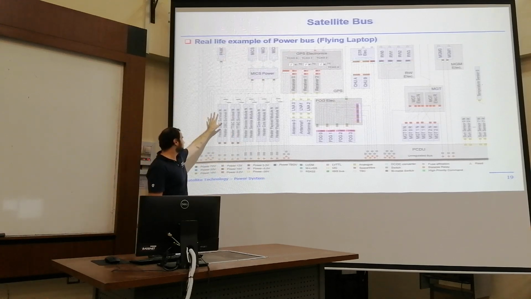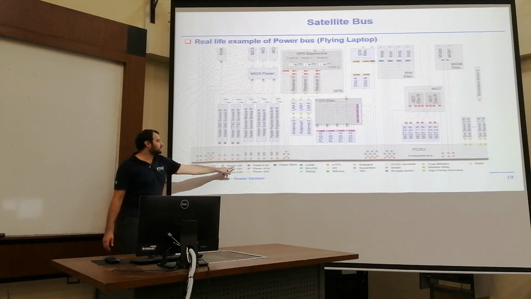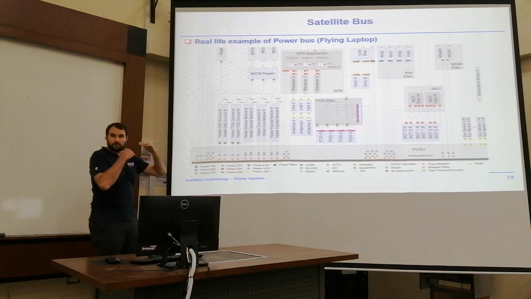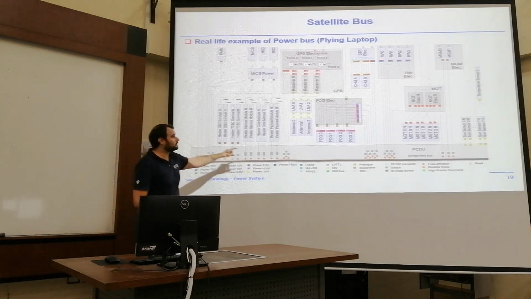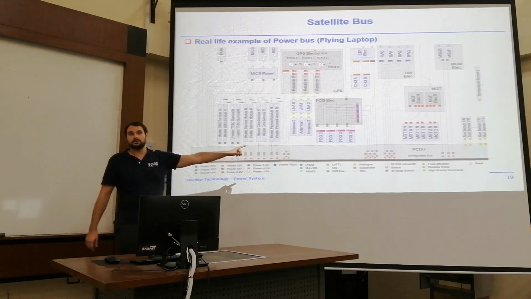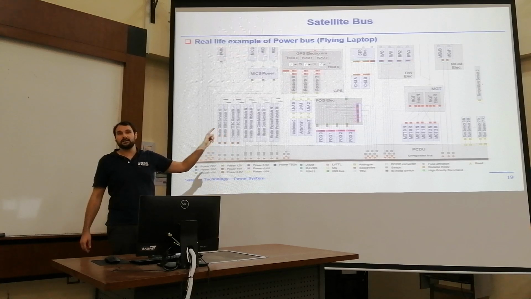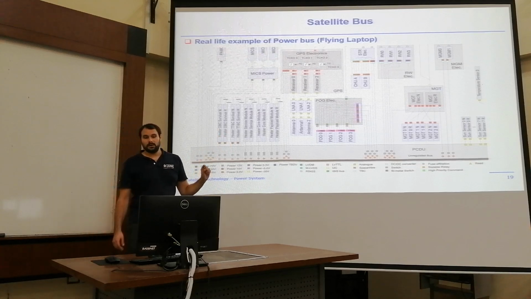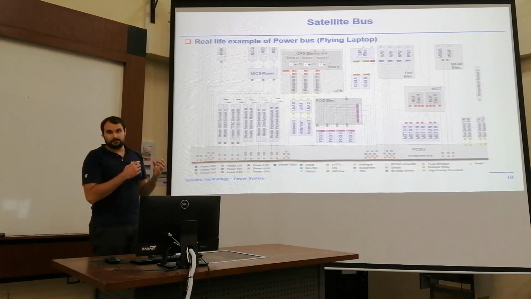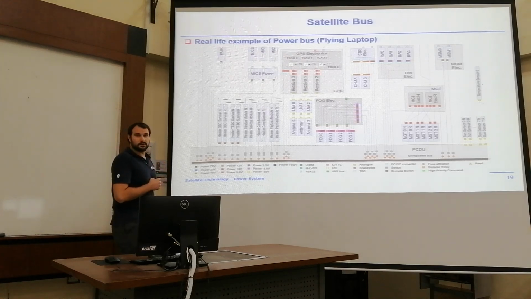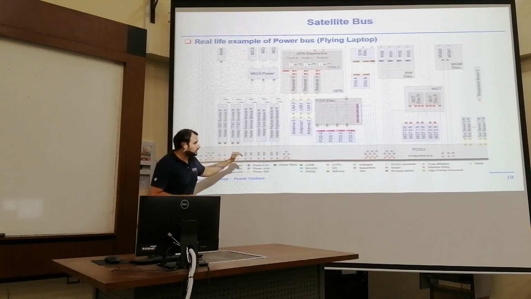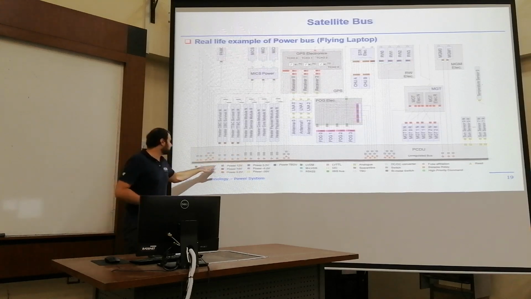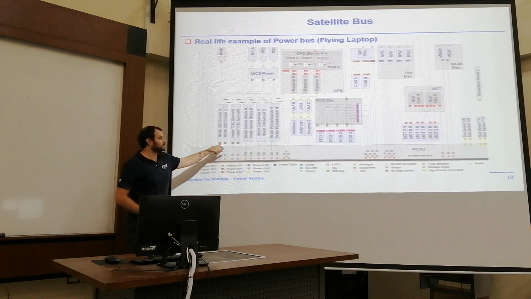We have some heaters that are fed by 12 volts. Between our unregulated power bus and our output, we have the PCDU, the power conditioning and distribution unit. This is our regulator, as we have seen on the previous slide. So we're regulating our DC voltage of 70 volts down to 12 volts.